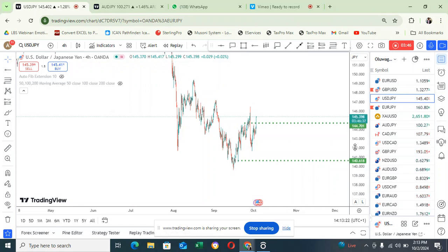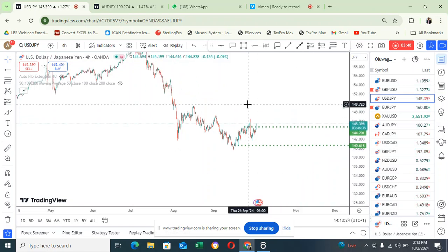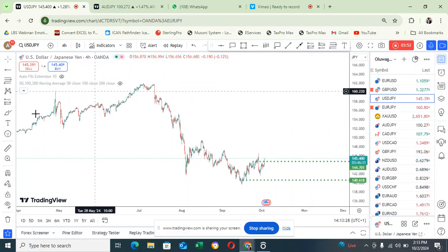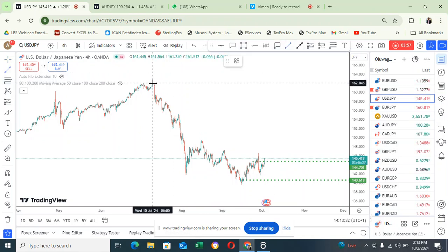From the higher time frame, which is the 4 hour time frame, you can see clearly the trend of this particular trade.